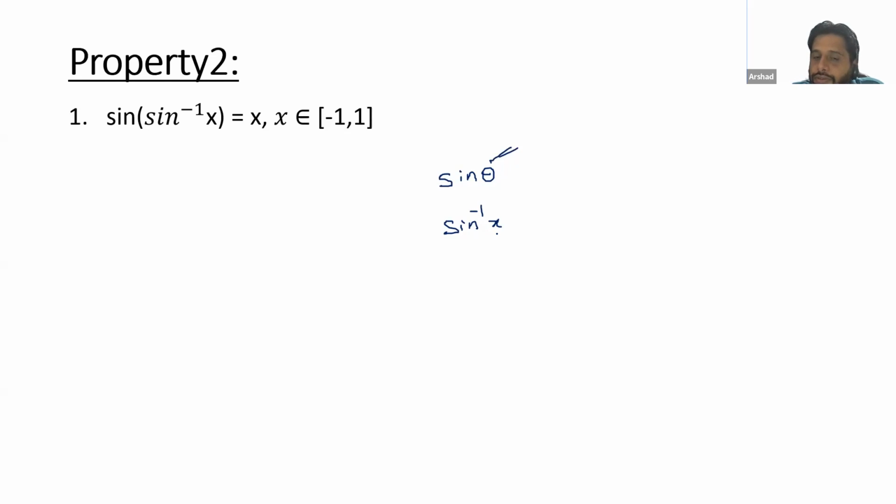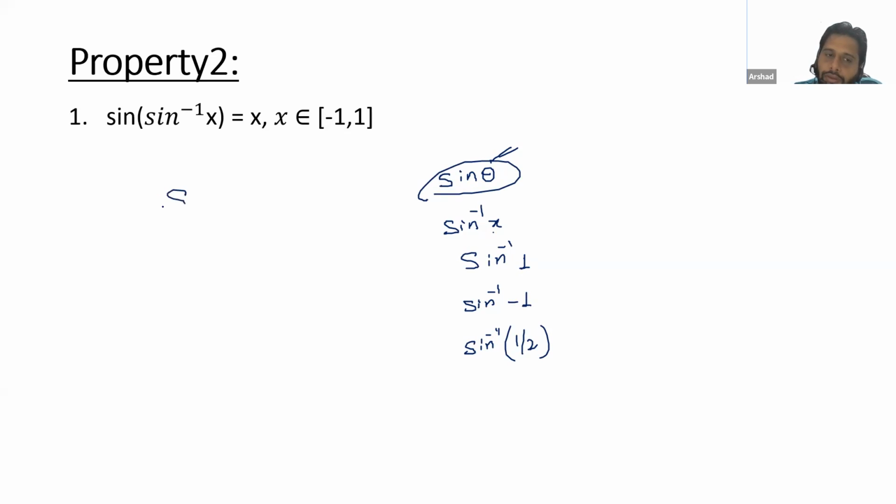If you have sine inverse x, then you will put values, your domain. For example, sine inverse 1, sine inverse -1, sine inverse 1 by 2. Here there is no need to put the angle. Angle we will put in sine theta. In inverse, we will put the values, these values 1, -1, 1 by 2.